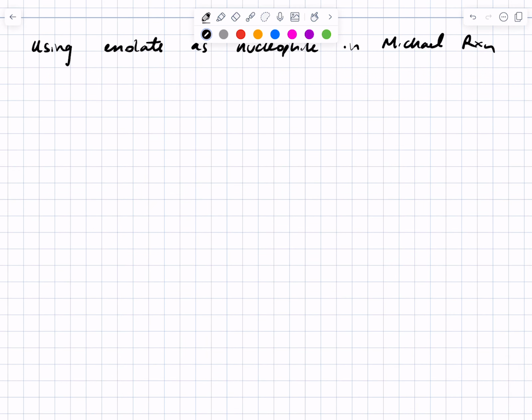Let's use an aldehyde as our electrophile. In a Michael reaction, your electrophile is always an alpha beta unsaturated carbonyl compound, okay? And it's going to be electrophilic mostly at the beta carbon.